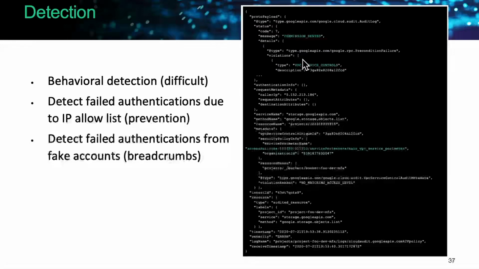You will get clear error messages in Stackdriver from failures against the IP allow list. Another step that I think is worth entertaining is to populate fake accounts or breadcrumbs in the credential cache. Essentially, provide an easy way to configure fake accounts.